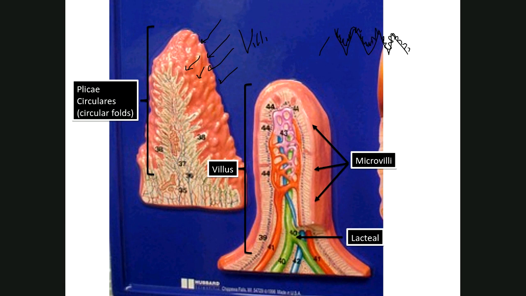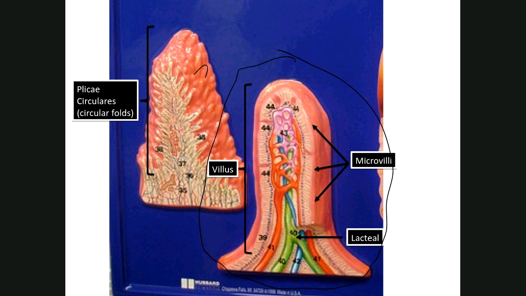Well, if I took a villus and blew it up, it would look like this. So this is just one of these little bumpy things blown up. Well, there's even more to make the surface area go up because the cells of this villus, these are simple columnar cells. You can even see goblets here because there's a lot of mucus production.